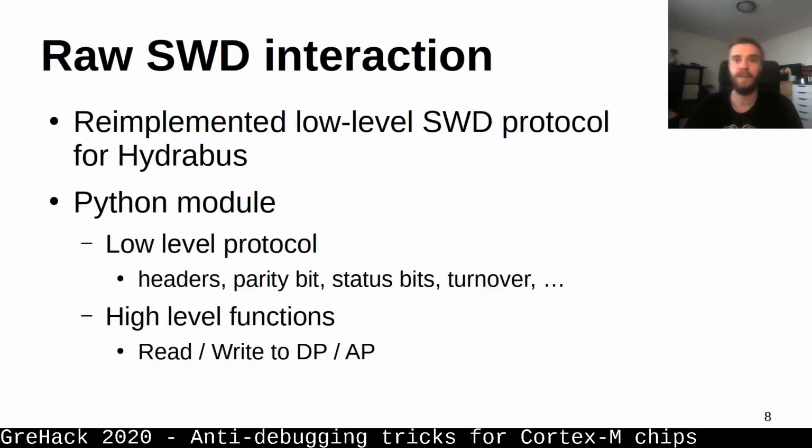And then I created higher-level functions like writing to the DP registers, selecting APs, reading from APs, and writing to APs. I also created wrapper functions to, for instance, scan the DAP bus to map all the APs available, because sometimes there can be, as I said, multiple APs on the same DAP bus.